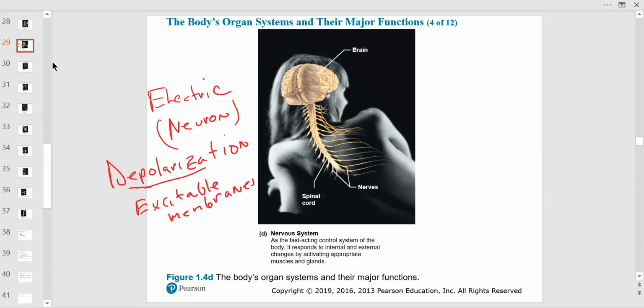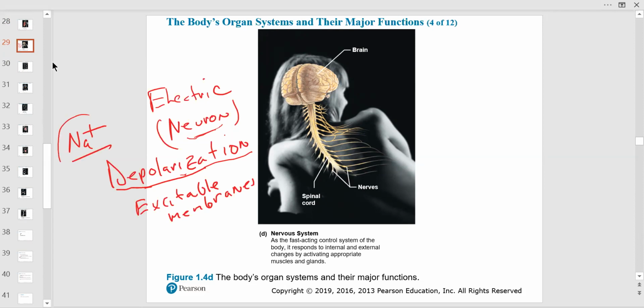But remember I told you that muscles really need the nervous system to contract. So the depolarization of an excitation of nerve cells, like neurons, will depolarize muscle cells, which their membranes are excitable. But the electricity, and when I talk about depolarization of electricity, I'm talking about ions like sodium. So remember this for later.